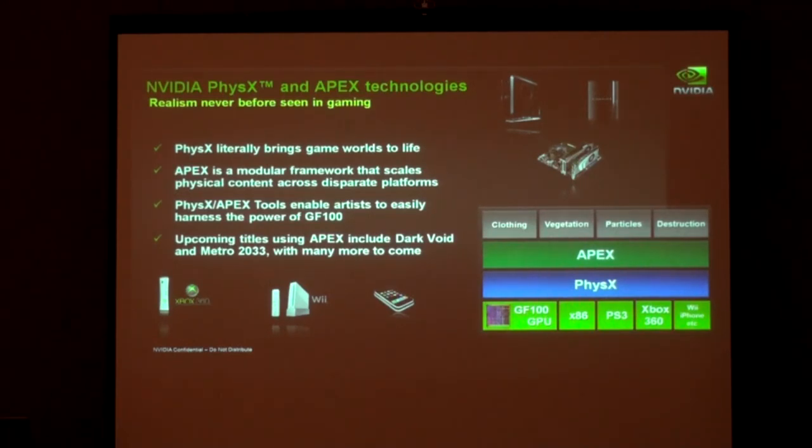This gives you a sense of the kinds of targets we have on the platforms for PhysX. Even 2D games on the iPhone can use PhysX, because physics is not just about 3D. You can even do physics in 2D. It turns out a lot of game developers do use our PhysX solution for the iPhone, which is kind of cool.